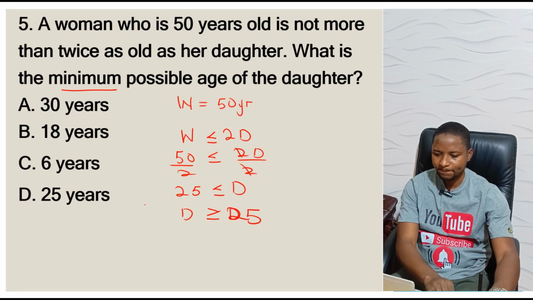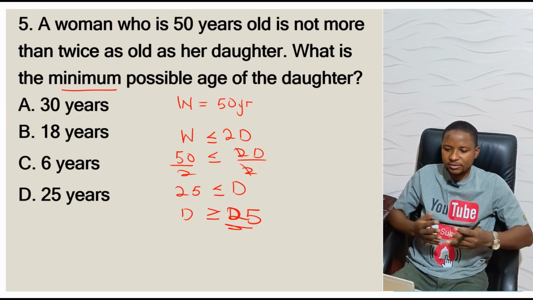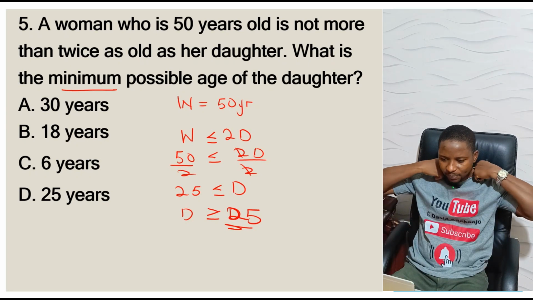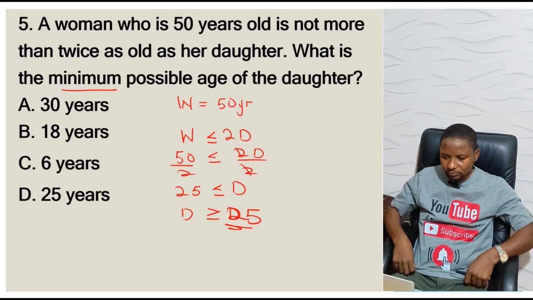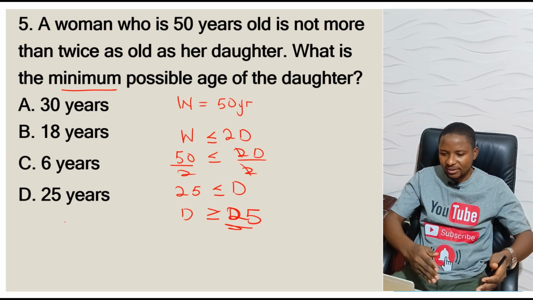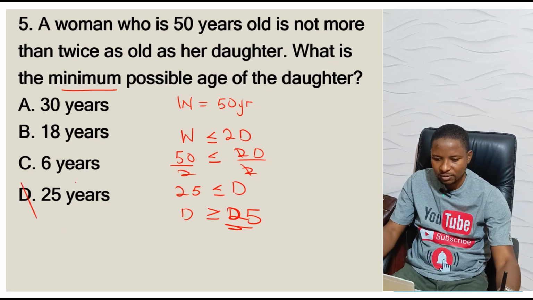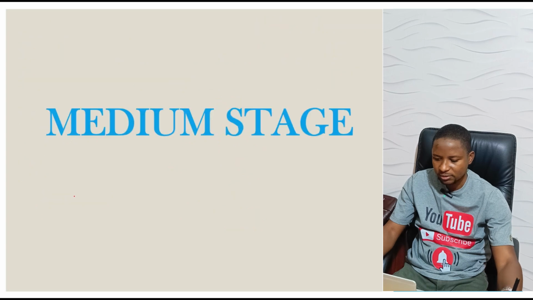The question says minimum. So the minimum you can get in this expression is 25, because the expression says D is greater than or equal to 25. So that means the least you can get is 25. So our answer is option D.